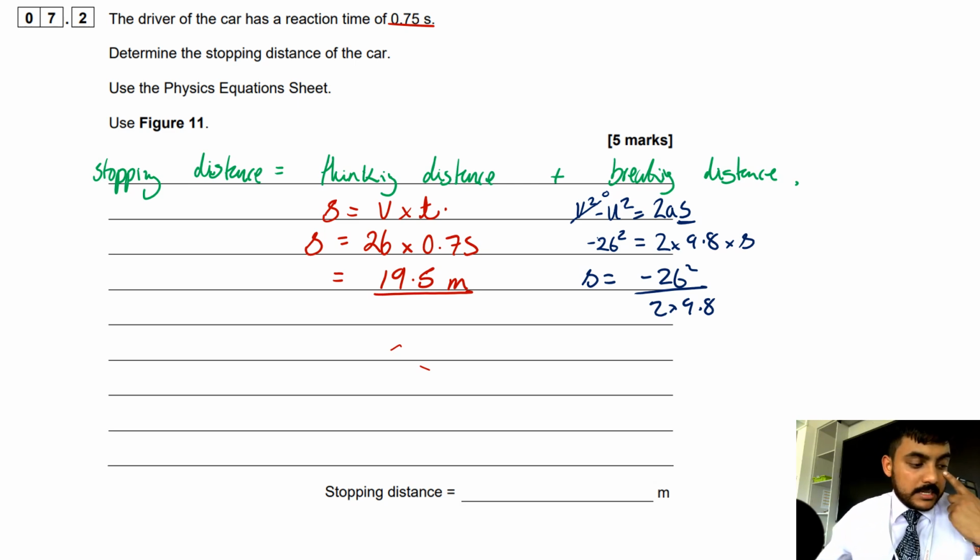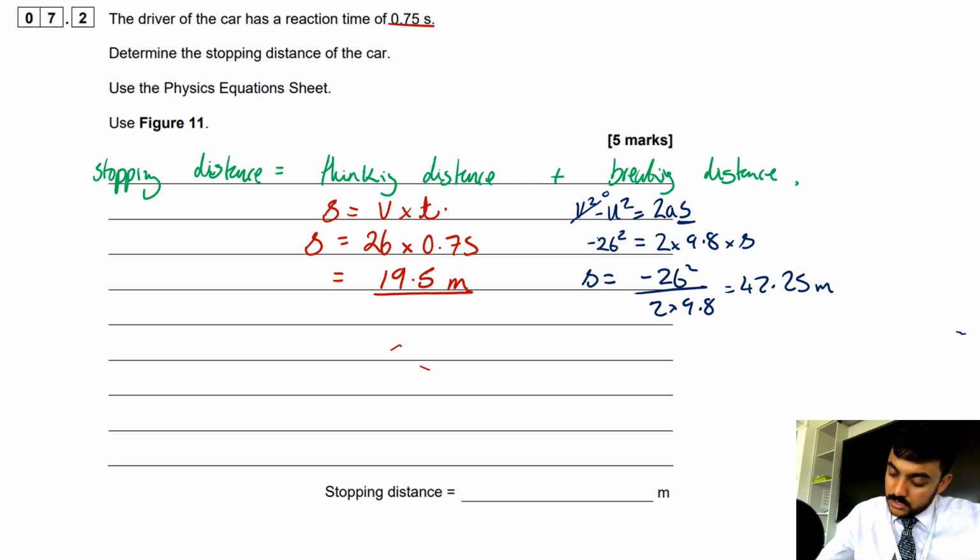What we find is the distance ends up being 42.25 meters.